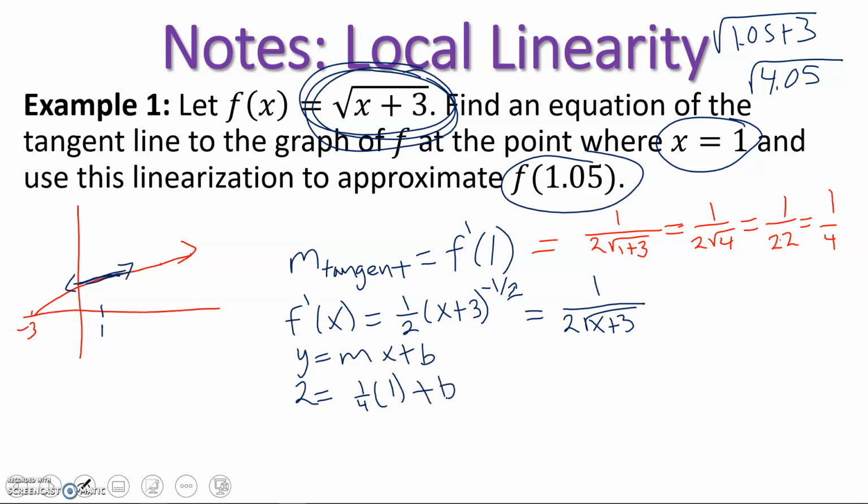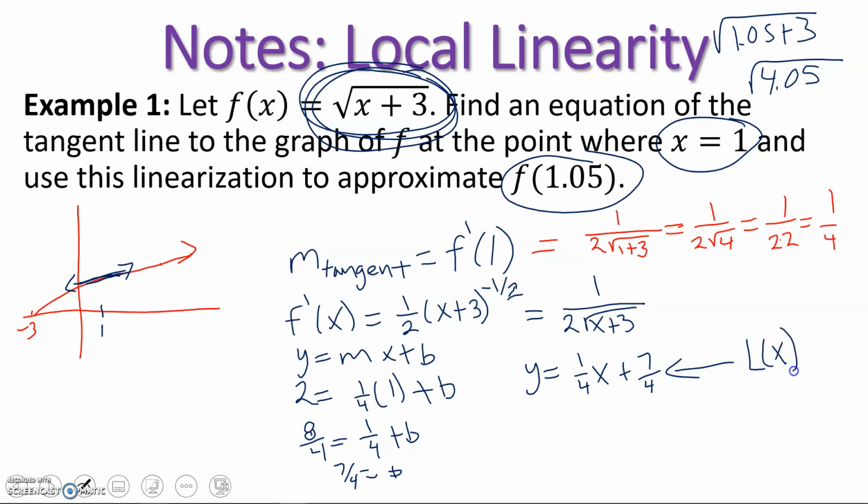Now we need this in terms of fourths. 2 is 8/4. So 8/4 is equal to 1/4 plus b. So b is in fact 7/4. And so our tangent equation is y equals 1/4 x plus 7/4. Now note, this here is our L of x.